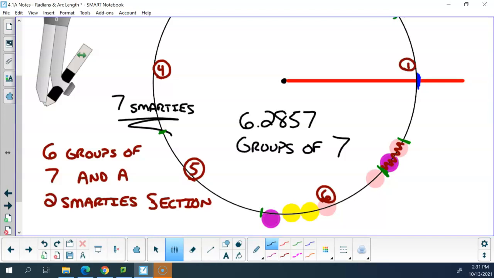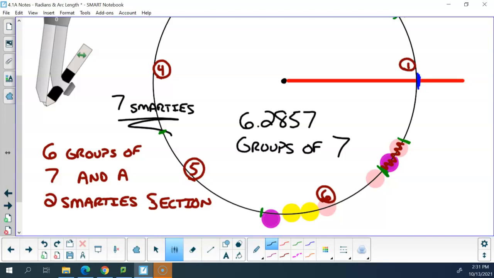Diameter times pi, right? Or 2 pi r. Well, what was our r in this case? 7 Smarties, right? So 2 pi r would be 2 times pi times 7 Smarties. So that's where that comes from.